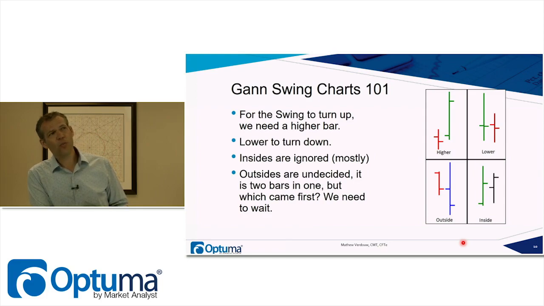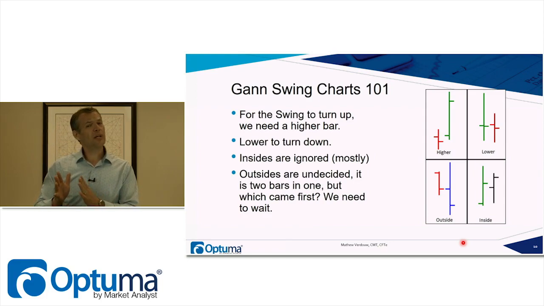If we are building a weekly bar from daily bars, then we actually analyse the bars inside to get an idea of what came first. So you can see it change a little bit in Optima if you're using the outside bar method. If we have the lower time frame data, we will use that to get an accurate picture of where that swing actually went.